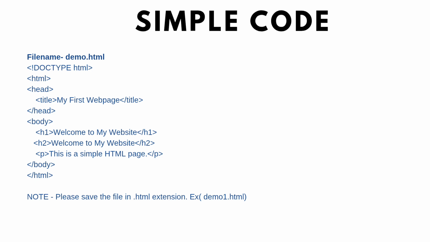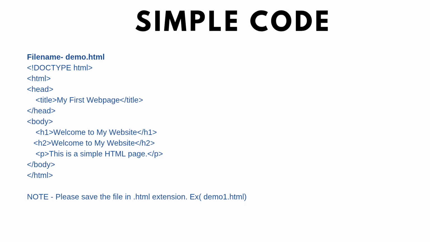These are the heading tags. H1 to H6 we can try and see the differences. We can see these in the next session. Then I have used a p tag.